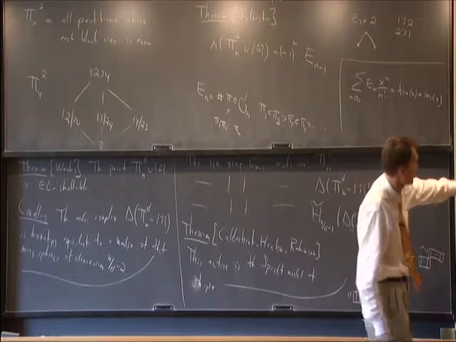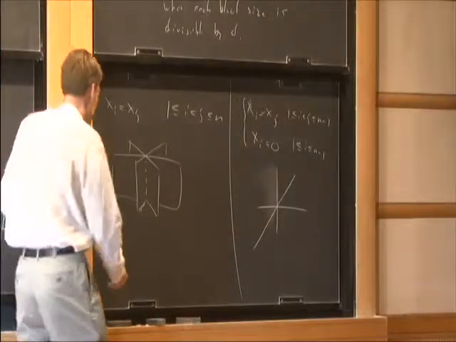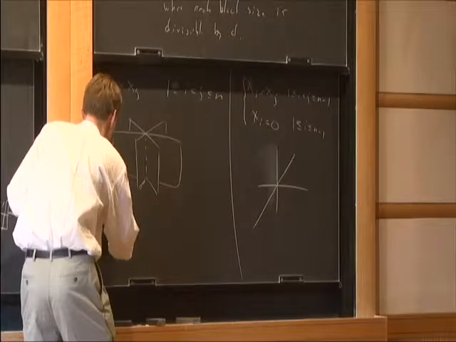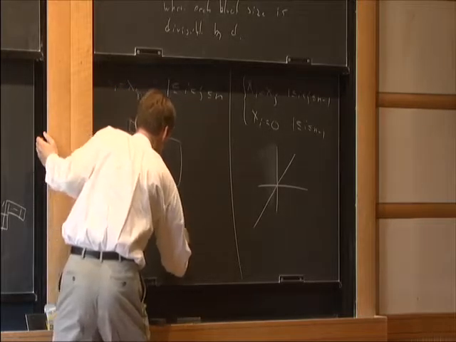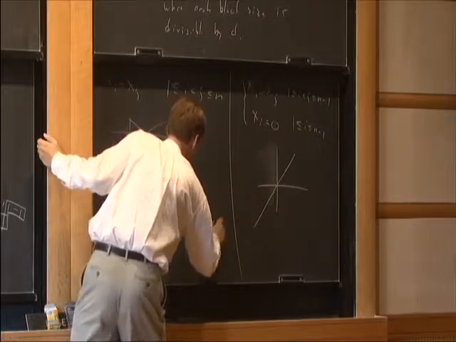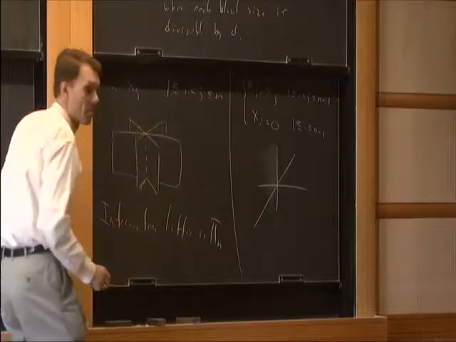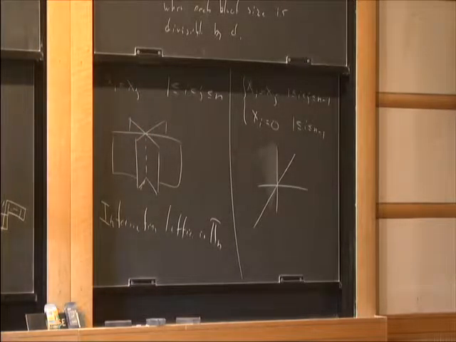So the intersection lattice here is the partition poset. Namely, if I had the block 2, 3, and 5, that means I should set x2 equal to x3, x3 equal to x5, and x2 equal to x5.